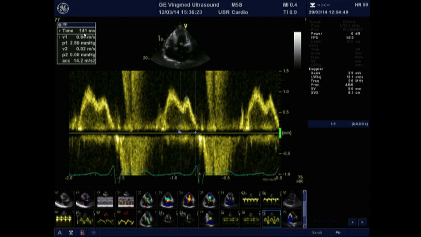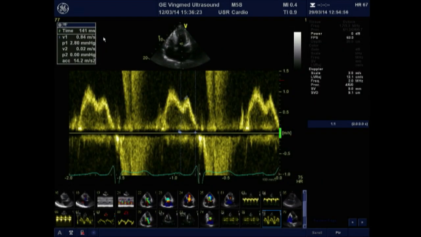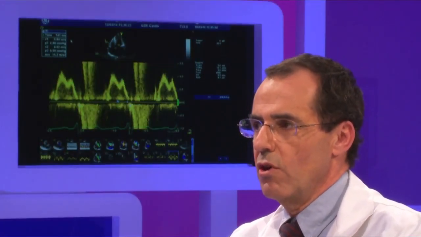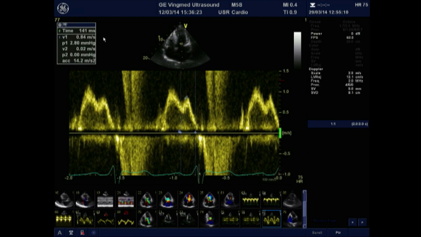So the difference between these two parameters is 50 milliseconds. This value, when higher than 35, also points to increased left ventricular filling pressure. So another of the four ACVI criteria for increased filling pressures in hypertrophic cardiomyopathy patients.